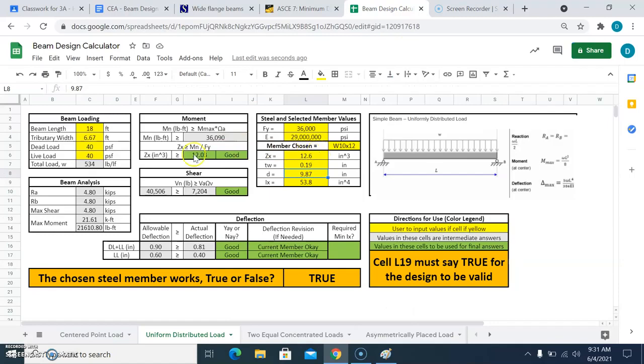So I'm going to use a lot of the same values. I'm going to just make this 3.33, and it cuts my z of x in half. And this isn't always the case, it just happens to be for this example. You end up choosing the same exact member. So I actually know that these members are already good. So that's actually all you have to do for the calculations for the exterior beam.